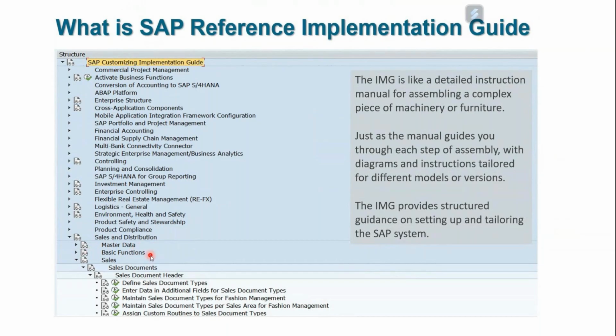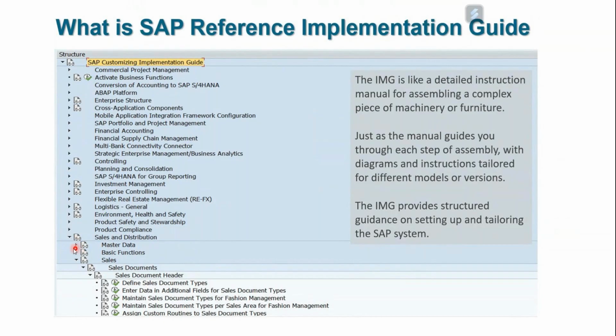So I, as a consultant, when I start in a project, what I do is I go into sales and distribution, do all the things in the master data, then close this. Then do everything in basics and functions and close this. Then do everything in sales and close this. I keep going into each and every node, finishing my work, so that in the end everything is done.